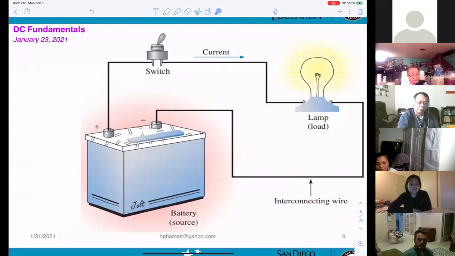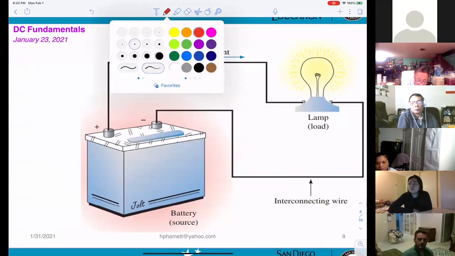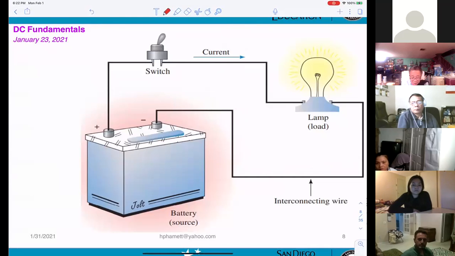Only one direction, from positive to the negative. The reason you get the current flow is the electron moving. Electron will be moving from the negative to the positive.